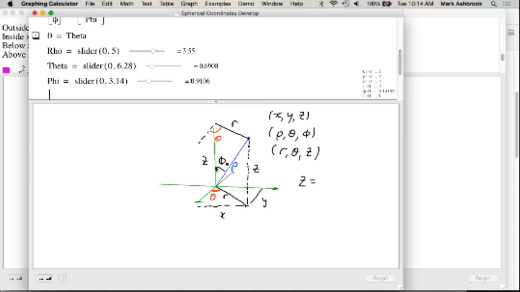How would I express z in terms of phi? It's not tangent. Rho cosine phi. See it? Z is the adjacent side to the angle phi. How would I express r? Rho sine phi, right? That's the opposite side of phi.